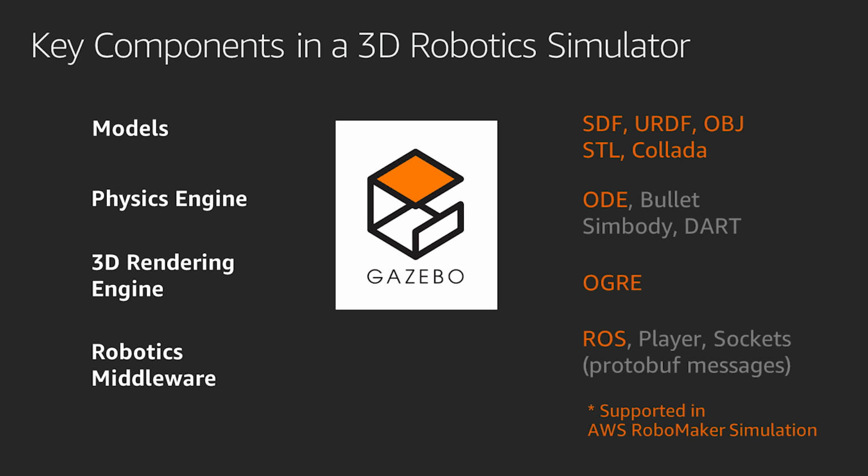Gazebo supports multiple 3D model types and physics engines, a 3D rendering engine called Ogre, and interfaces with a few different middleware software, including the Robot Operating System, which I'll reference throughout this presentation. AWS RoboMaker supports Gazebo 7 and Gazebo 9 today, the Open Dynamics Physics Engine, Ogre, and ROS applications.